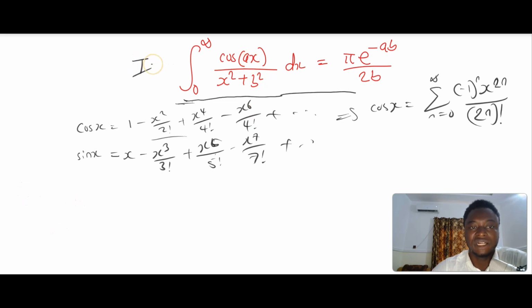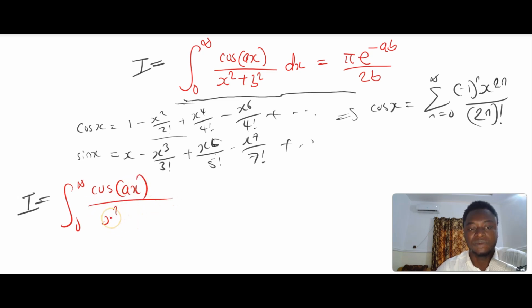Let's denote this integral by I. I would become the integral from 0 to infinity of cosine of ax divided by x squared plus b squared dx.